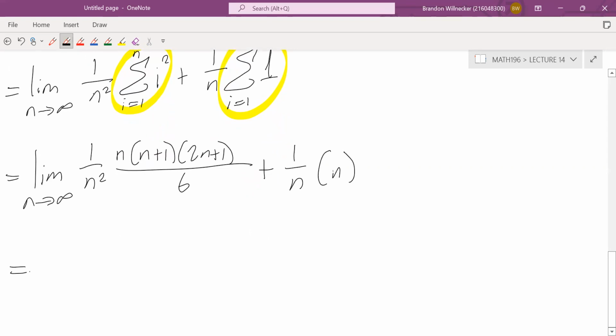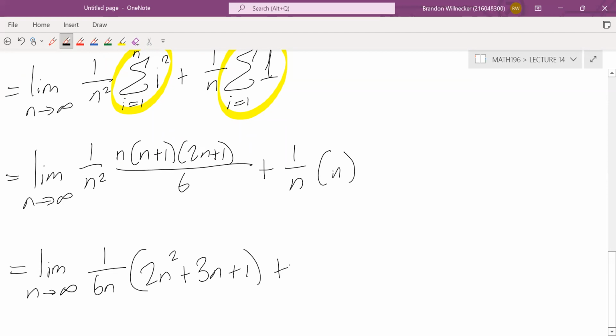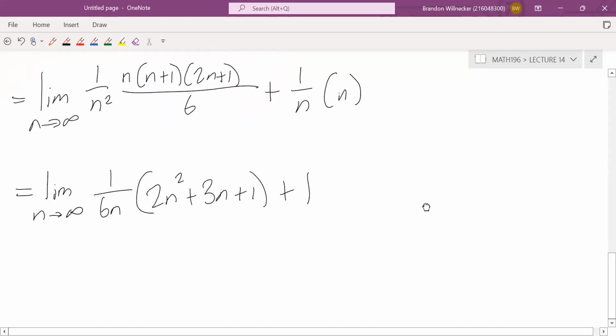Okay, so let's simplify this out. We're going to have the limit as n goes to infinity. n over n cubed is going to be 1 over 6n squared. And then n plus 1 times 2n plus 1 is going to be 2n squared plus 3n plus 1. And then n divided by n, that's just going to be 1.